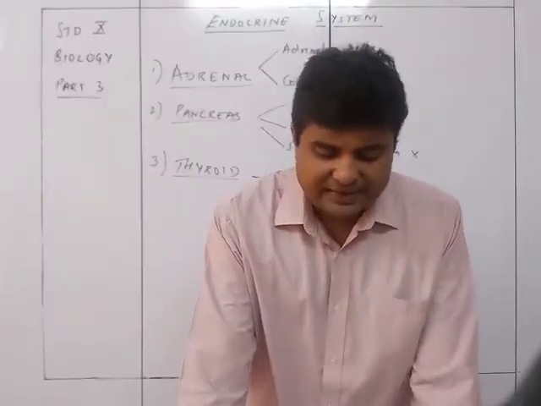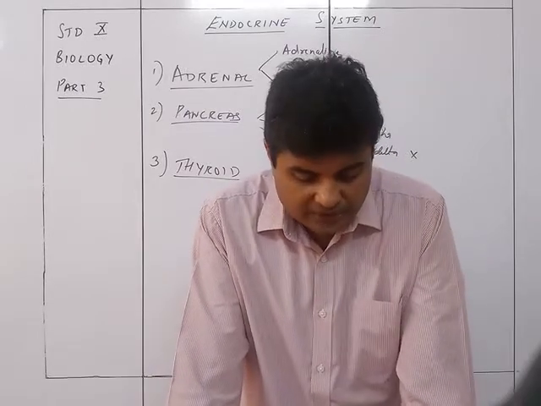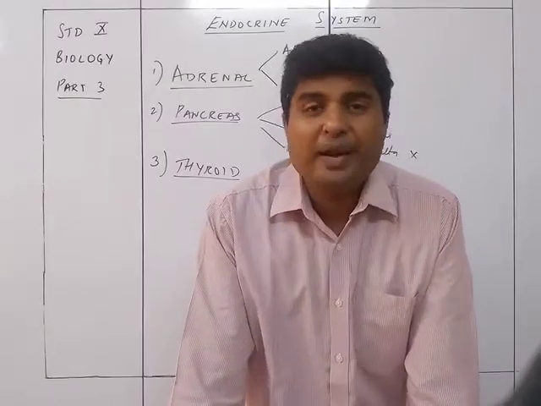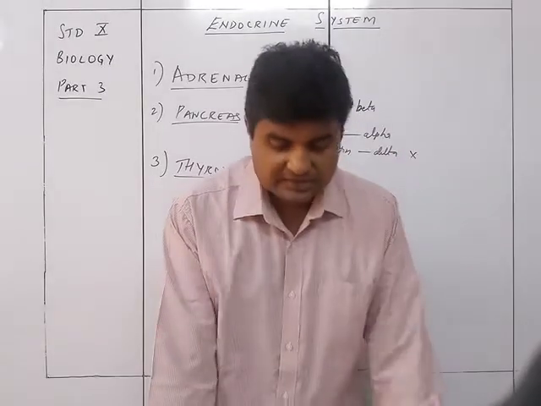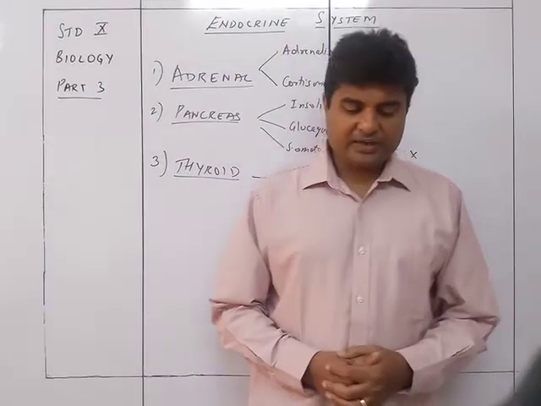The second one is cretinism. It is a condition which affects the growth of children, showing dwarfism and mental retardation. This is due to the deficiency developed or early atrophy, degeneration of the thyroid.